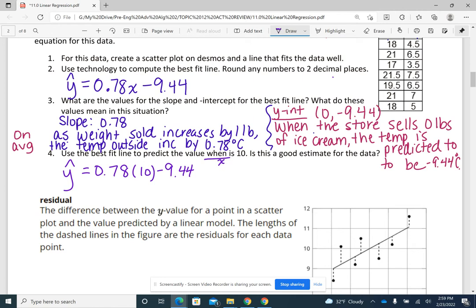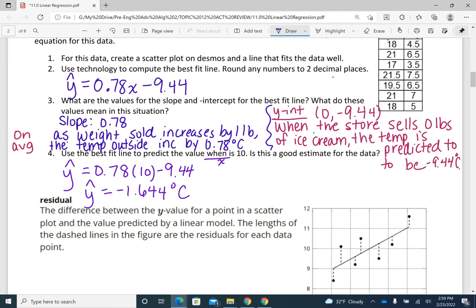So my predicted temperature is negative 1.644 degrees Celsius. So we're predicting that when the ice cream store sells 10 pounds of ice cream, the temperature outside is negative 1.644 degrees Celsius.